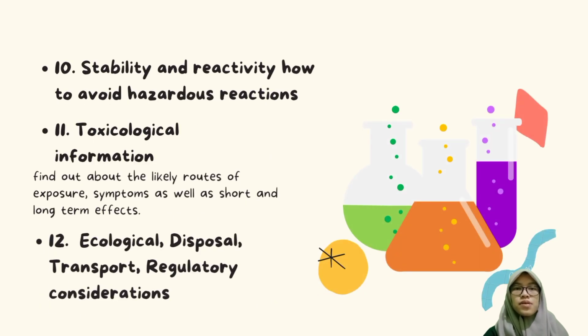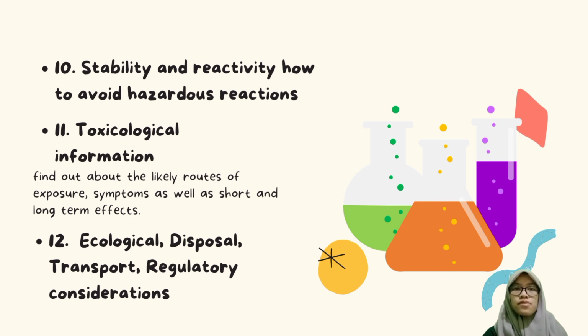Section 10, Stability and reactivity: how to avoid hazardous reactions. Section 11, Toxicological information: find out about the likely routes of exposure, symptoms, as well as short and long-term effects.